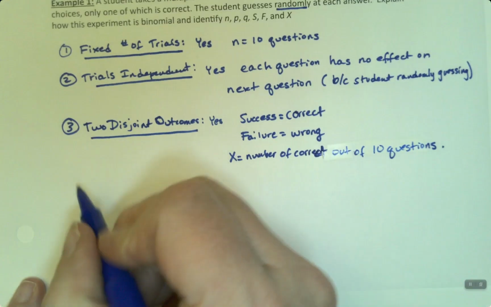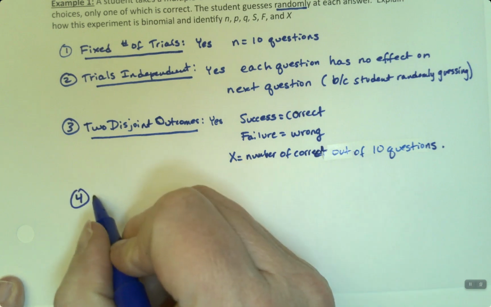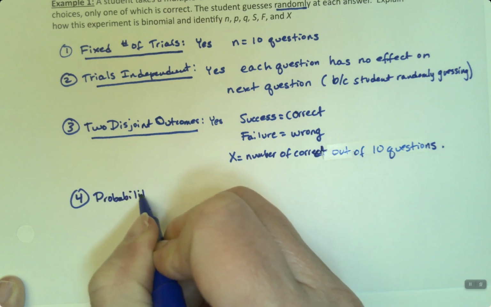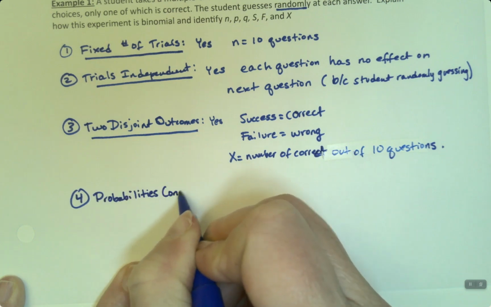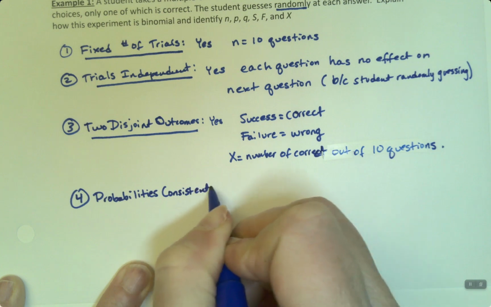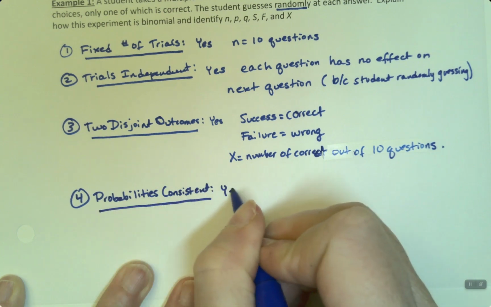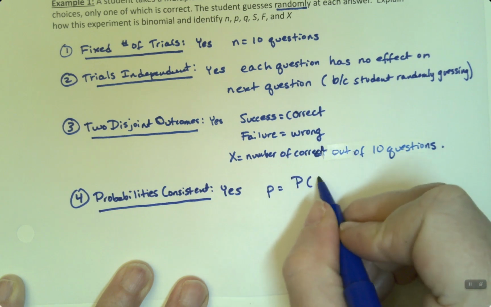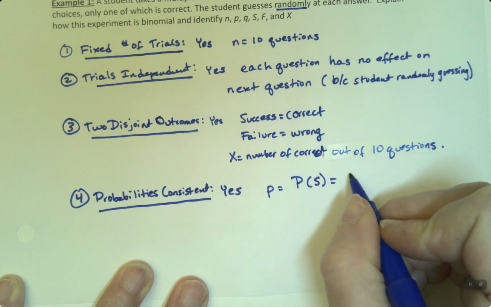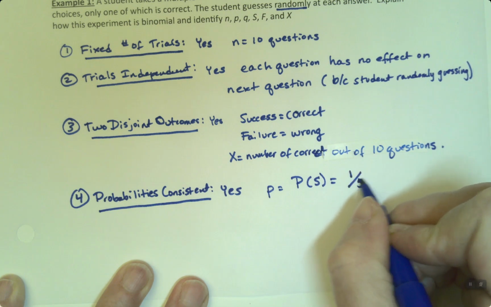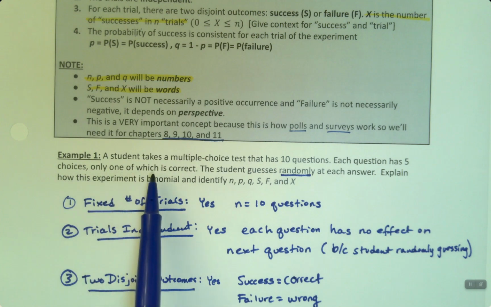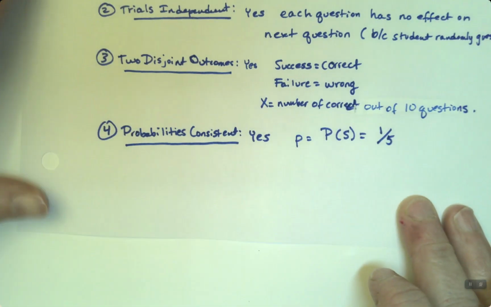Now what about part 4? We need the probabilities of success and failure to be consistent. They are, because for each question, little p, the probability of success, is 1 out of 5, because each question has 5 choices, only one of which is correct. So it's a 1 out of 5 chance that you guess it correctly.